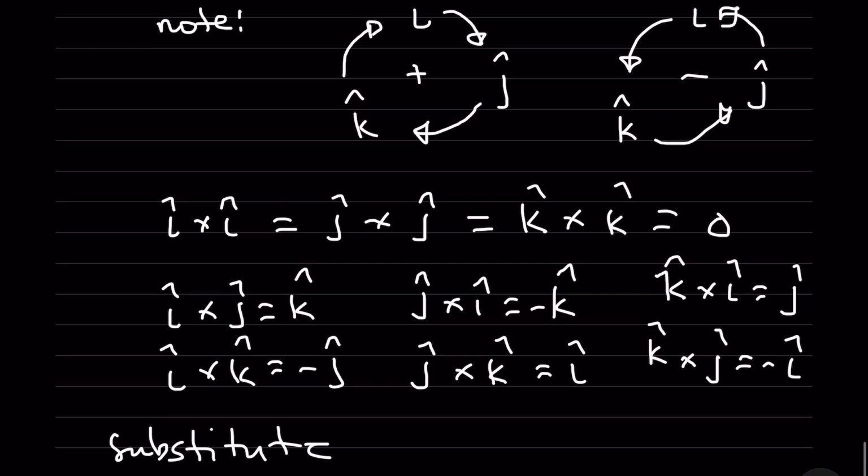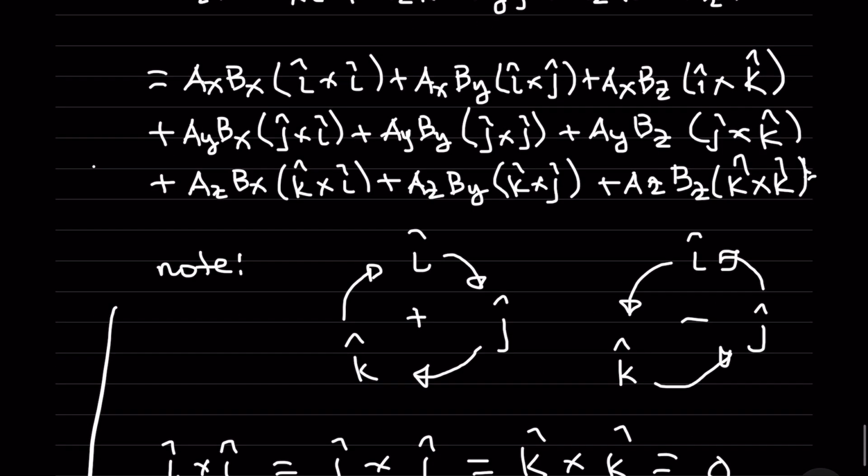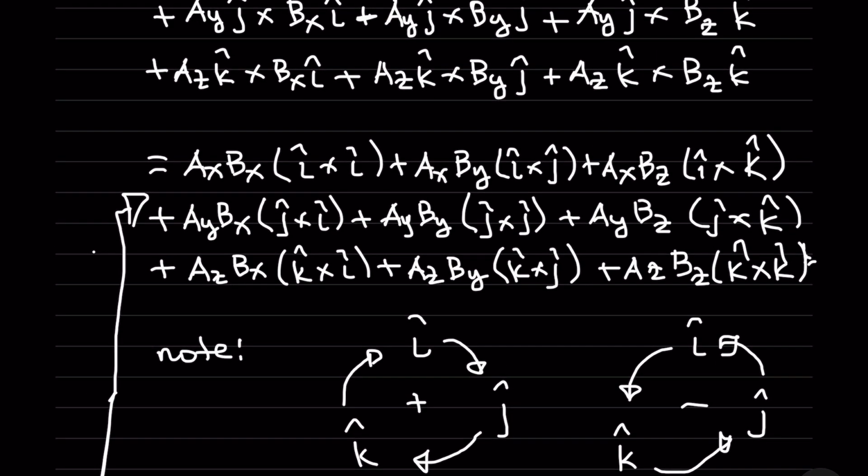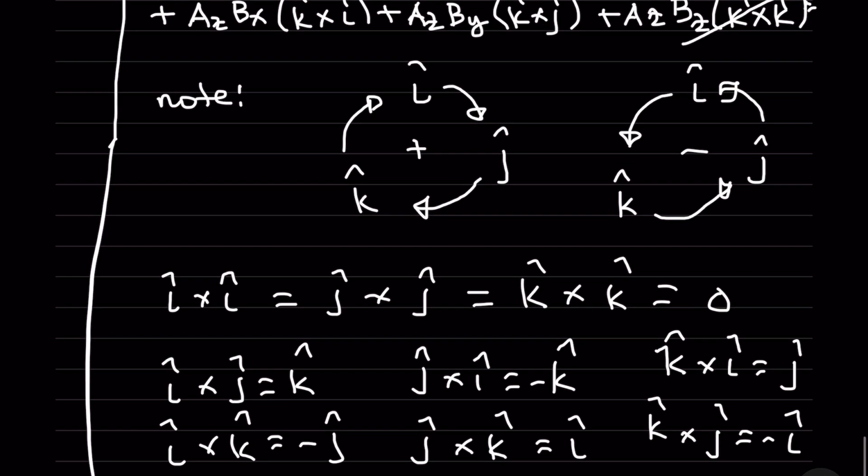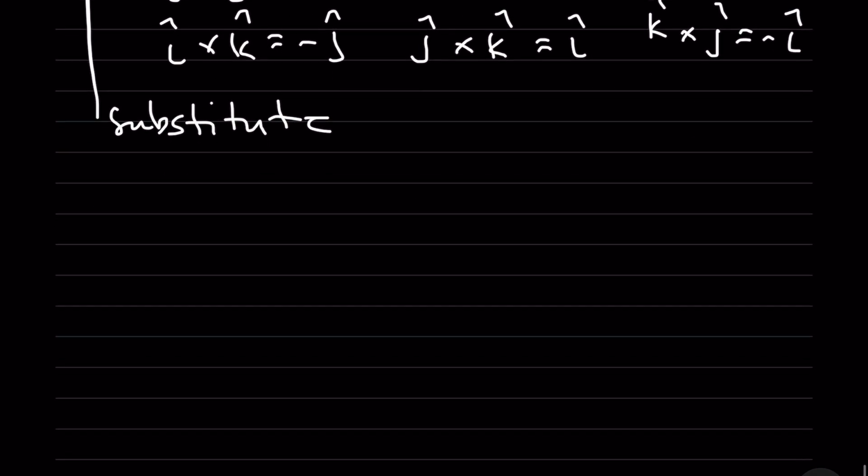So we substitute the cross products of these unit vectors into the equation, and you see that some terms can be cancelled out.